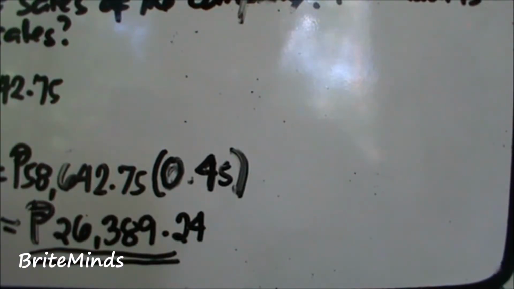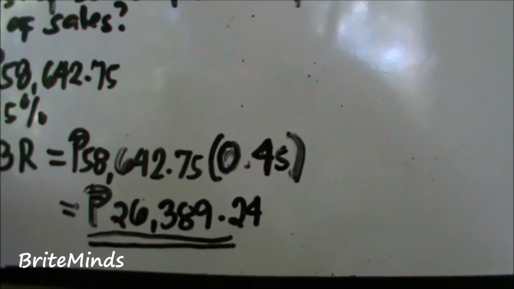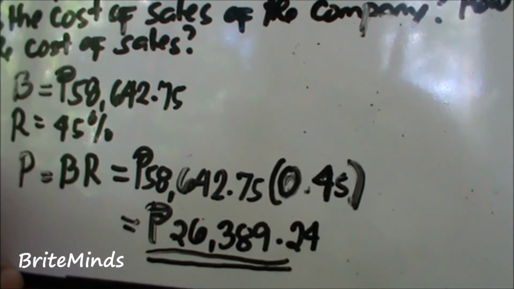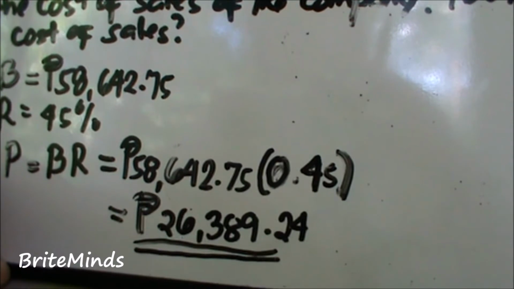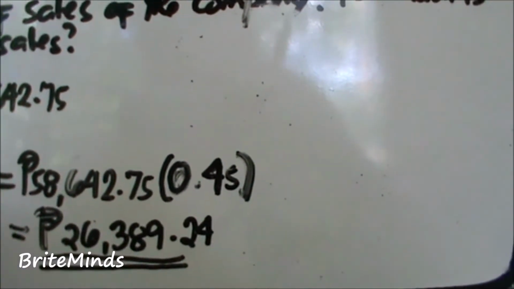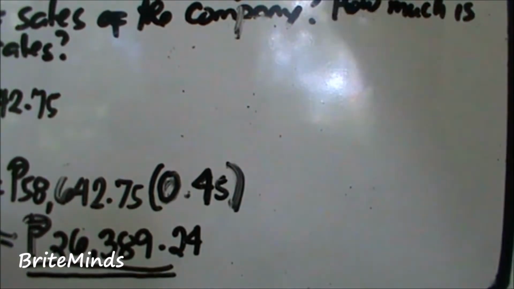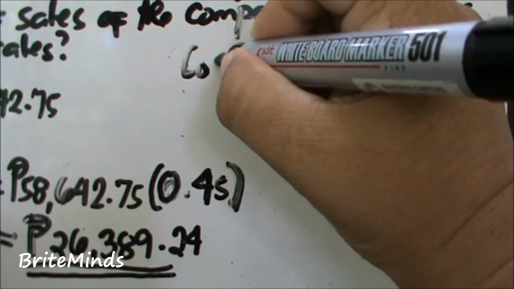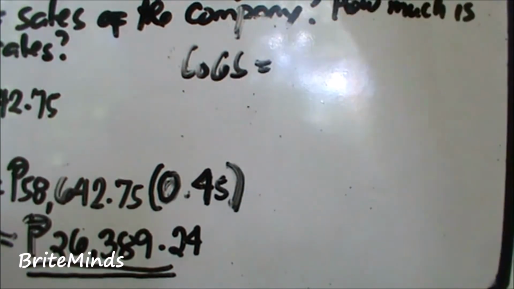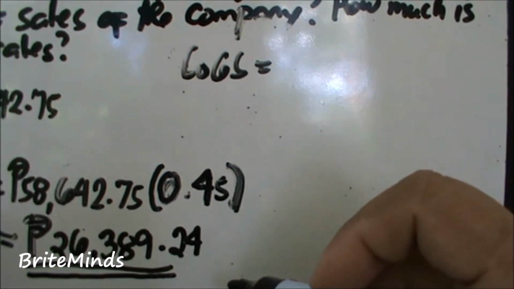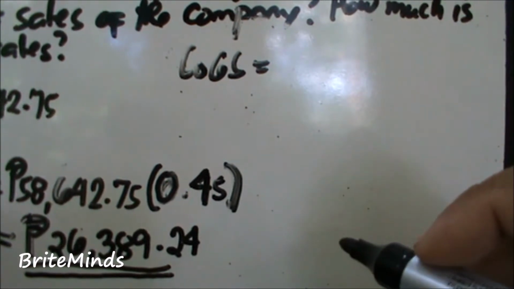We have an alternative solution, guys. Since we already know that the gross profit for the month is 26,389 pesos and 24 centavos, to determine the cost of sales we just need to deduct the gross profit from the gross sales.